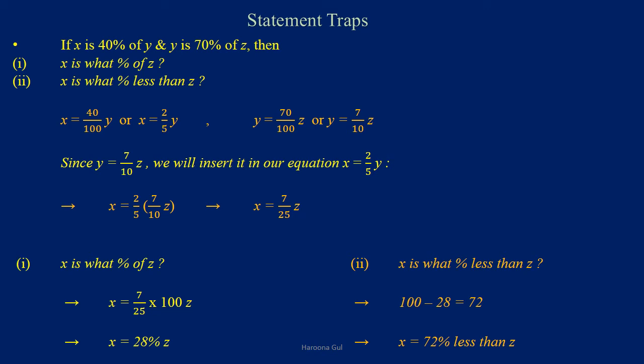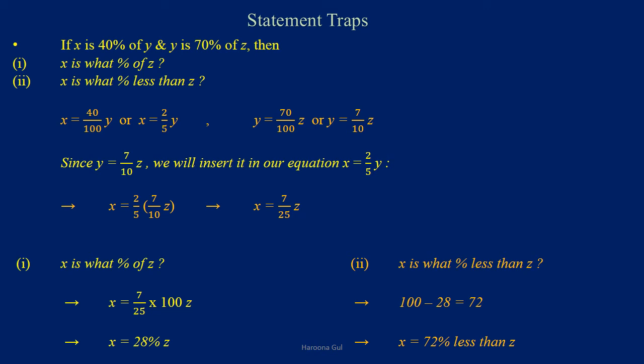Now, the first part of the question says X is what percent of Z. What we're going to do is simply multiply the same 7 over 25 Z with 100, and we're going to get 28%. So this means that X is equal to 28% of Z. They're asking us for the percentage of Z, so percentage means into 100, right?